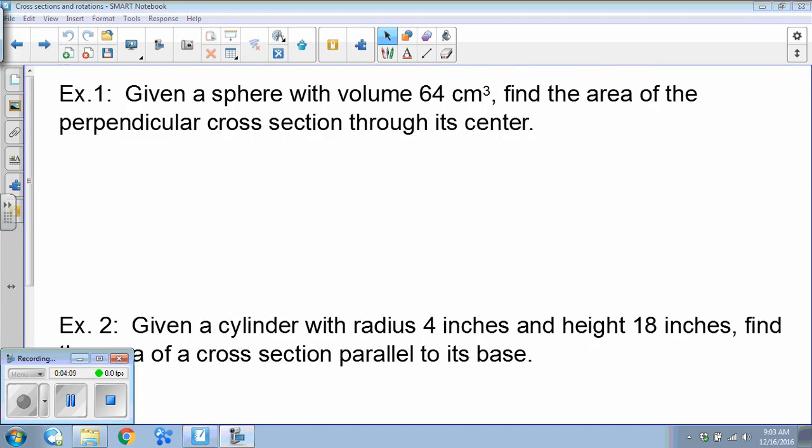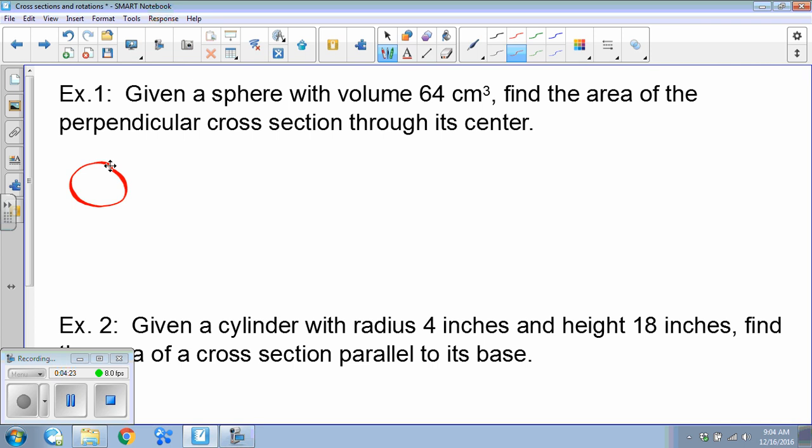Okay, so I'm going to work a couple of examples for you. So it says, given a sphere with a volume of 64 cubic centimeters. So first thing I do whenever I see this, I'm gonna draw that figure to the best of my abilities. And I know that the volume is 64 cubic centimeters. Find the area of the perpendicular cross section.